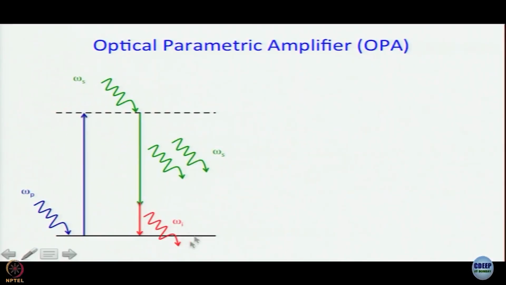So, the frequency of the idler is essentially the difference of frequencies of pump and signal, is not it. So, this process is called optical parametric amplification, OPA. It is also called difference frequency generation, DFG.